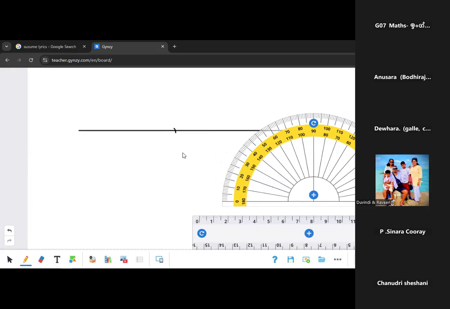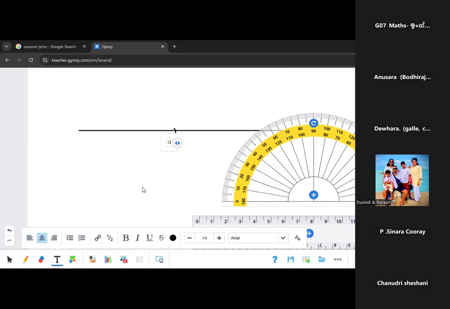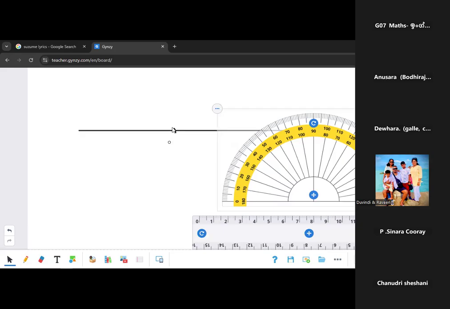I will call this my point O. Now I will take my protractor.